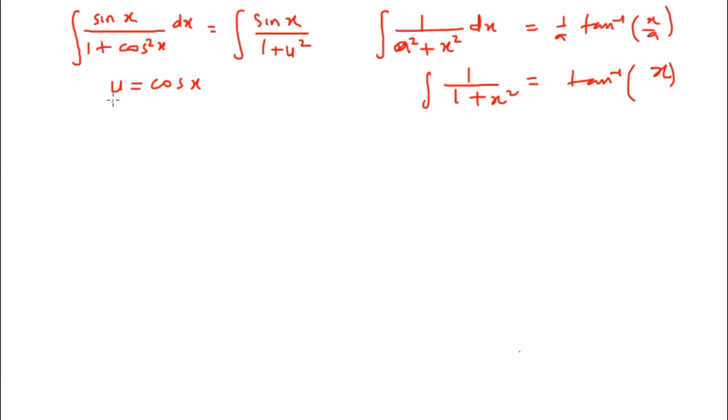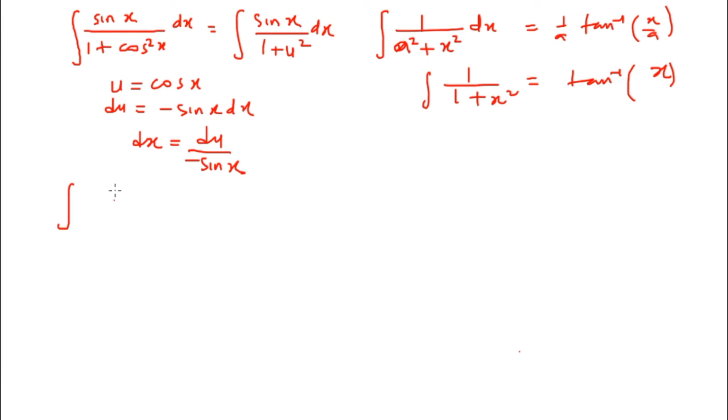So if I find du/dx, that will be minus sin x, then dx. Divide both sides by minus sin x so that dx will be the subject, and I'll have dx equal to du upon minus sin x.